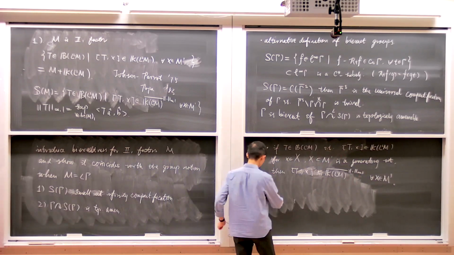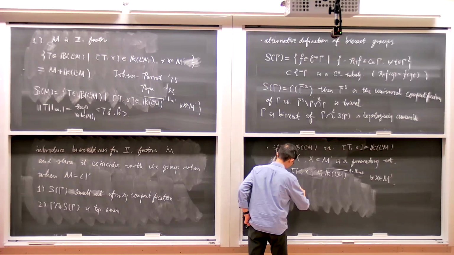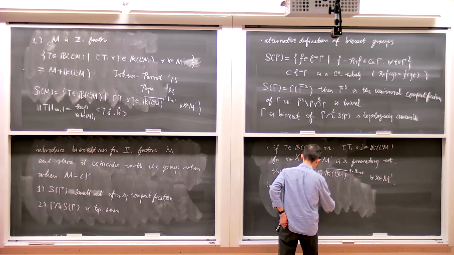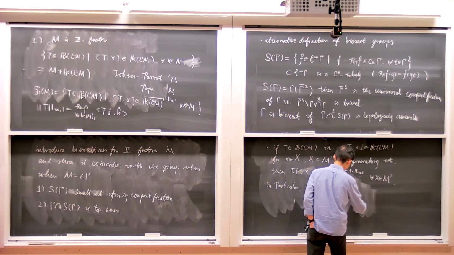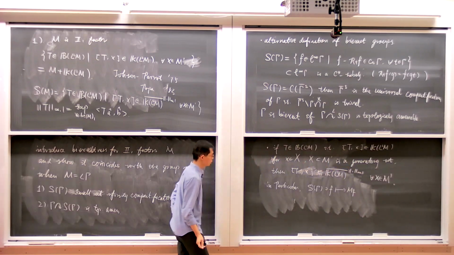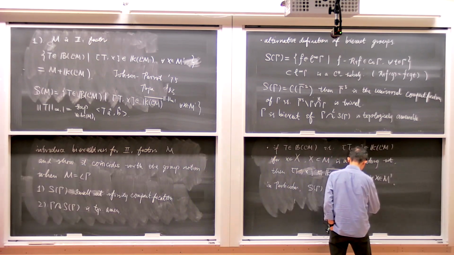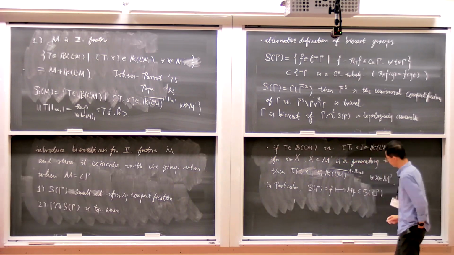So in particular, we have the commutative one. If we look at all the functions and we look at those as multipliers, diagonal multipliers on B of L2, then this will be inside S of L Gamma.